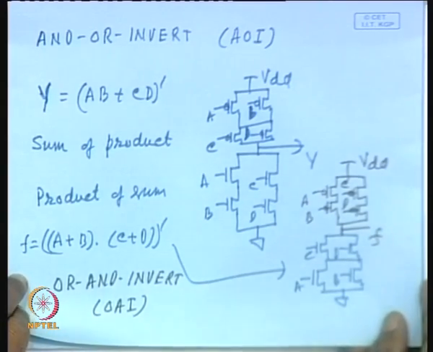But in all the cases, as I told, the output realizes a negative function irrespective of the way you are realizing the circuit, maybe in AND or invert topology or by using OR and invert topology, the function is negative in terms of the inputs.